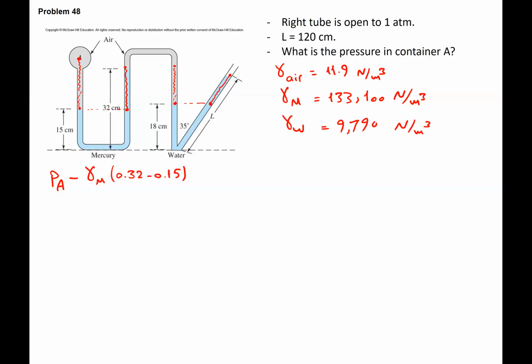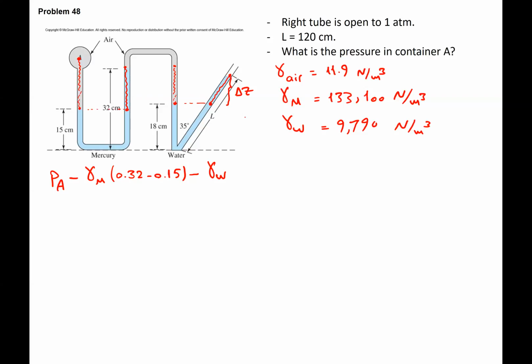So how much we go up, and we're going up in water, so it's negative, it's minus gamma of water multiplied by this length here, delta z. That's the delta z, that's the displacement in z direction when we go up from this point to the free surface.